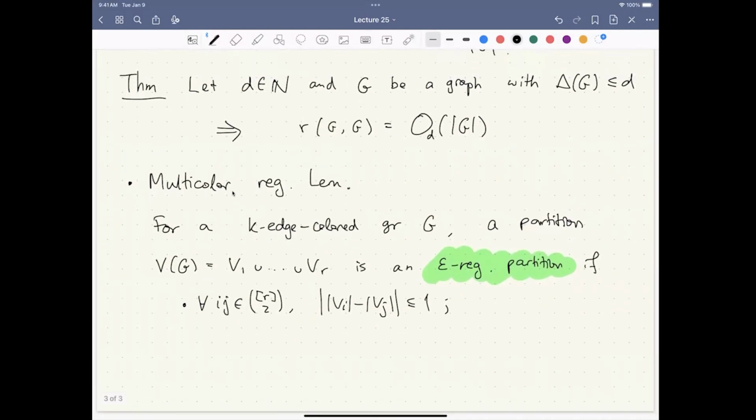And most pairs are regular: for all but epsilon r squared pairs, the pair Vi, Vj is epsilon-regular in every color.